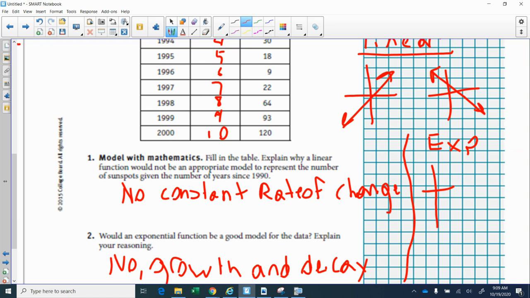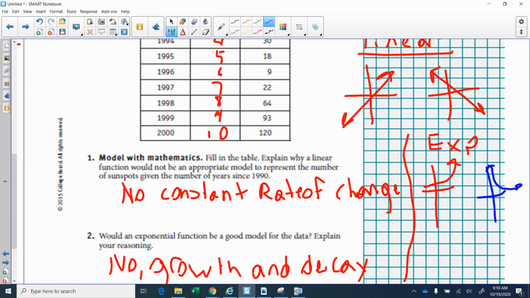Well, in an exponential model, I'm either increasing at a very large extent because the value gets bigger because of the exponent. As the exponent increases, the number is going to be bigger. Or I get the other model where an exponential starts really big, but then decreases as I go along. That would happen if I had like 5 to the negative x. Okay, as x gets bigger, my answer gets smaller.